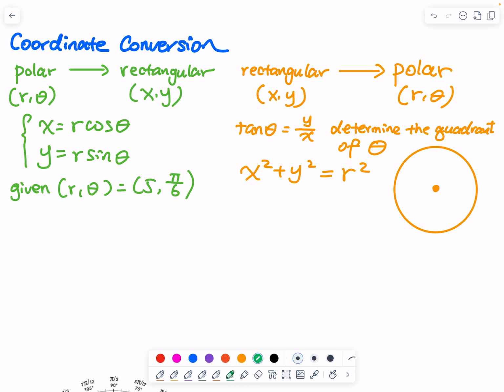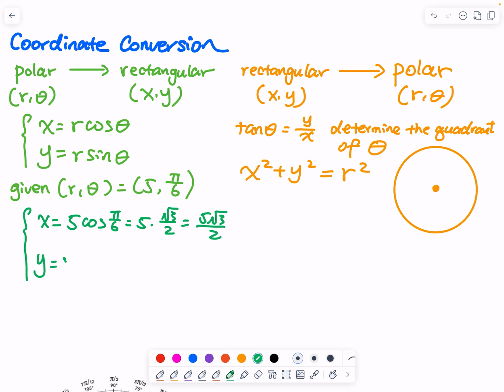So we have x equals r cosine theta, y equals r sine theta. That's how you go from polar to rectangular. Given a point in polar, 4 comma pi over 6, x equals r cosine pi over 6, that is 4 times cosine pi over 6, which is 4 root 3 over 2.